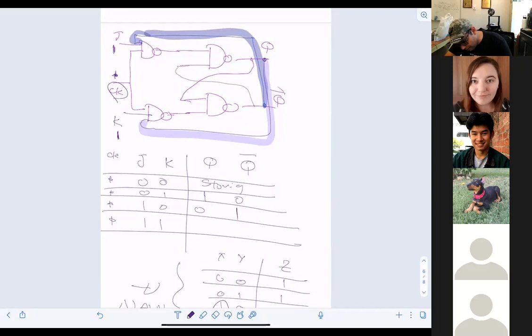So the third one here, Q complement, is going into this. So here I have Q complement, right? And here I have the Q. So far so good. So that means here I have Q and here I have Q complement, right? Are you guys following me?